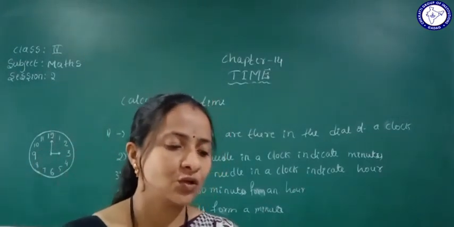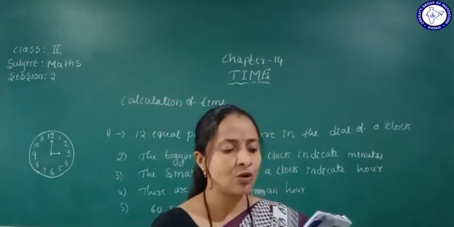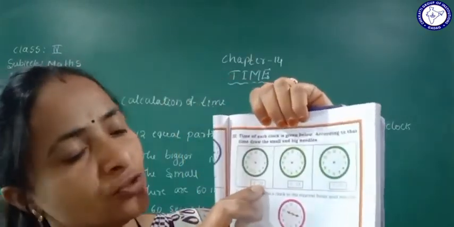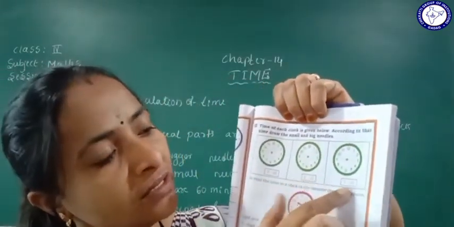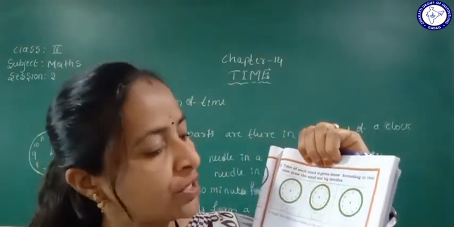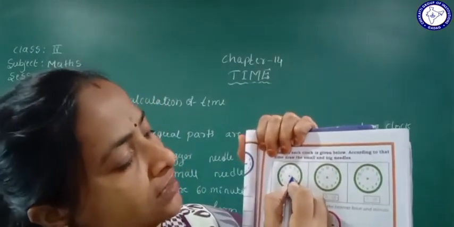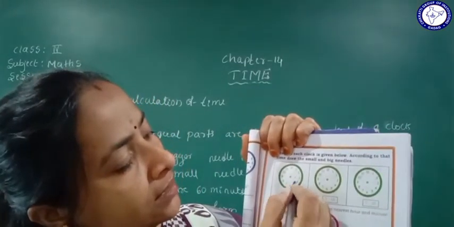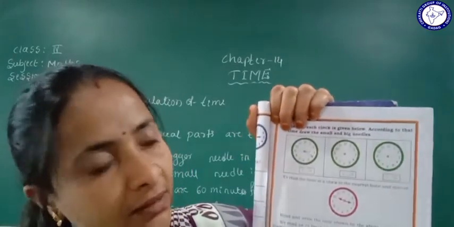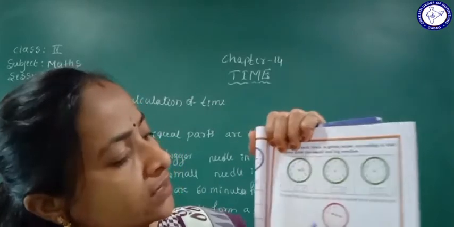Next, the time of each clock is given below. According to that time, draw the small and big needles. They have mentioned three times: 2:20, 3:15, 7:35. So what will you do? You will draw them here. For 2:20, the small needle is at 2 and the big needle is at 20 minutes. Sorry, it is not 3:20, it is 2:20.